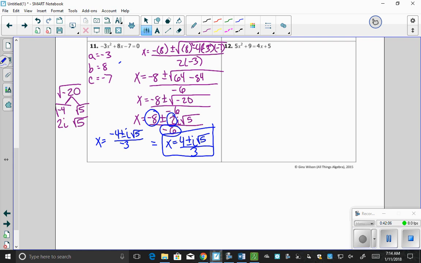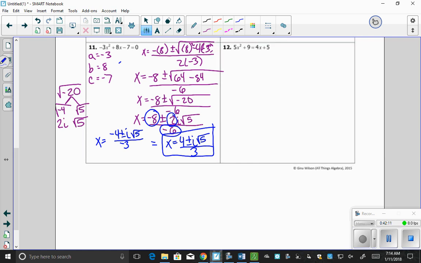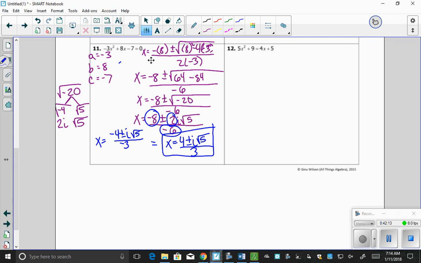Last problem. On this problem, you have to move stuff over again. So I'm going to subtract 4x, subtract 5, and rewrite my problem. 5x squared minus 4x plus 4 equals 0.